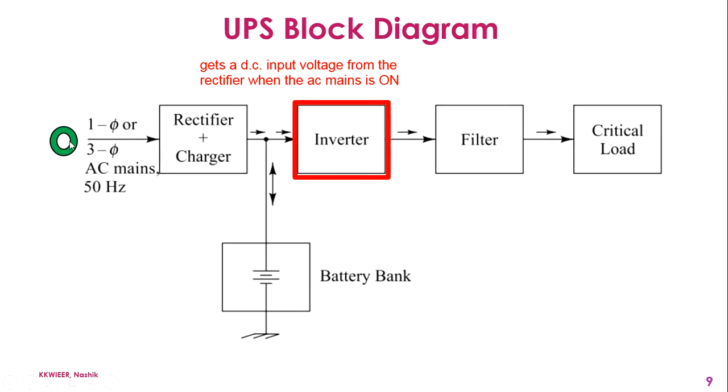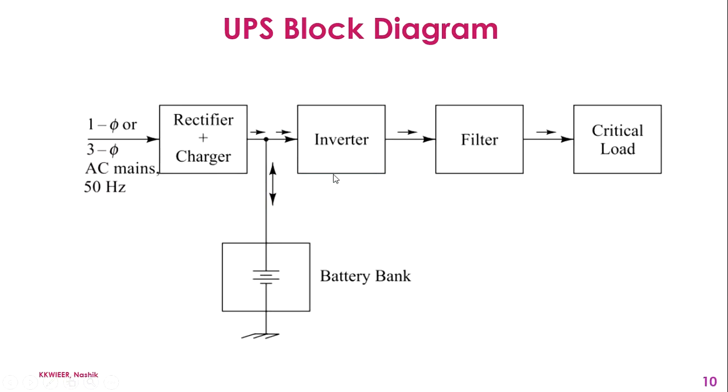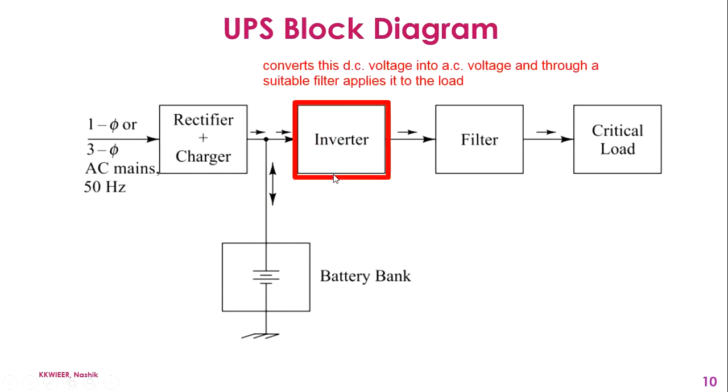But when the AC mains is off, it will get it from the battery bank. Then the inverter converts this DC voltage into AC voltage and it will pass through a suitable filter that applies to the load.